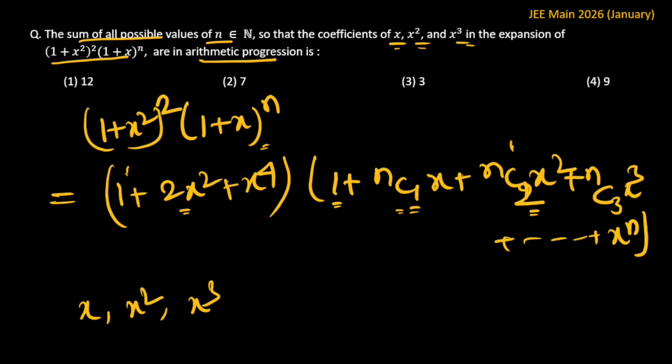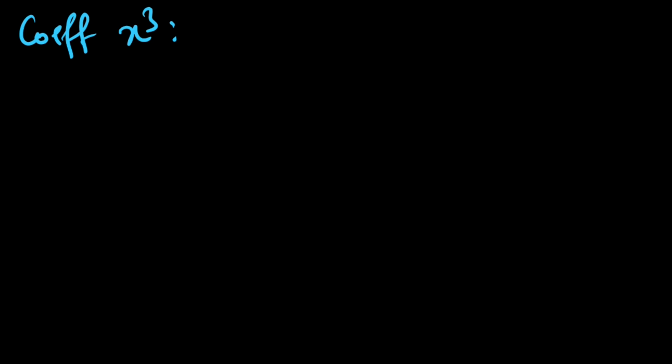So third, we find the coefficient of x cube. How to find the coefficient of x cube? The coefficient of x cube here is nC3, so it is multiplied by 1, then we get the coefficient of x cube. Also the coefficient of x multiplied by the coefficient of x square gives x cube. So these two terms give the coefficient of x cube. Therefore the coefficient of x cube is nC3 plus 2 times nC1.